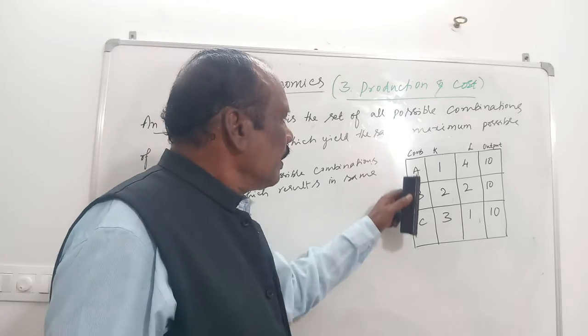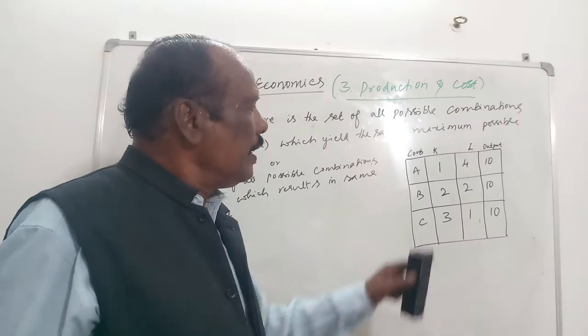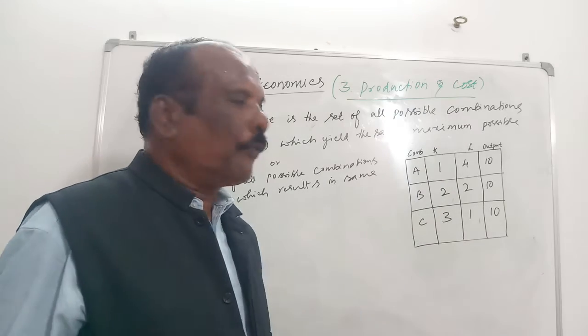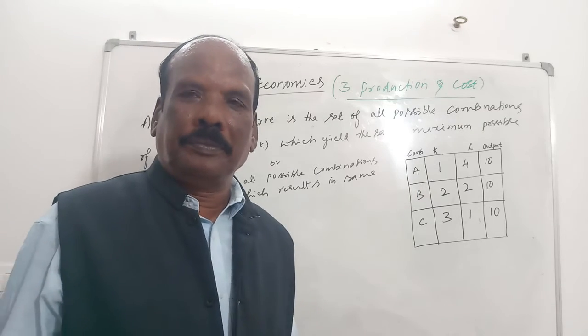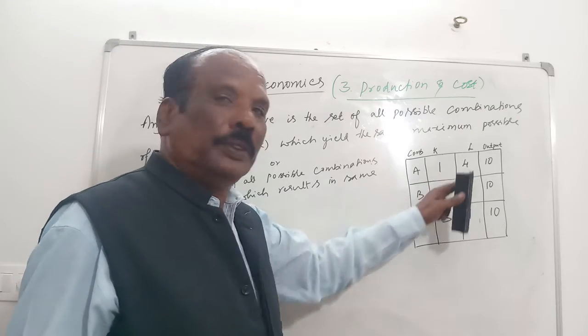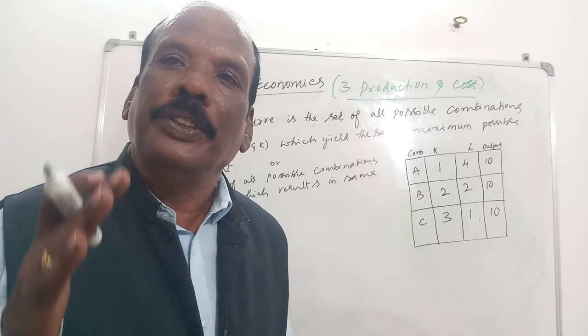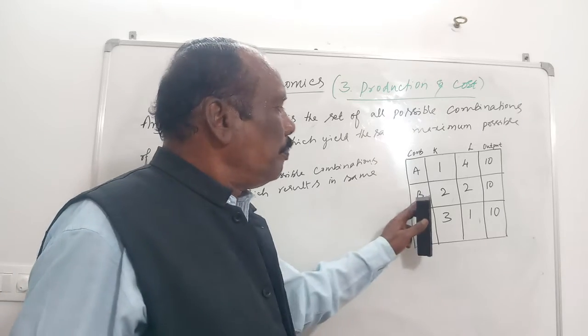See, there are three combinations, A, B, C. In combination A, 1 unit of capital is used and 4 units of labor are used, and this combination yields 10 units of output.